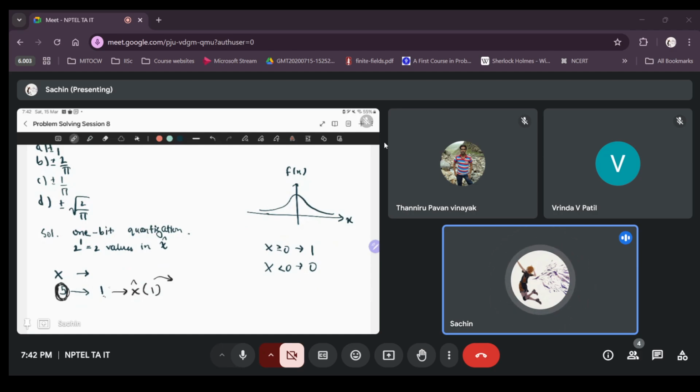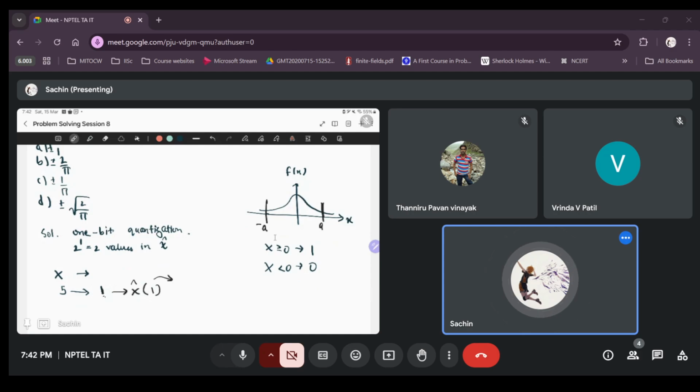You don't really know that. You only know that the value which was encoded, this x value, was a positive number. So now you can reconstruct the code word 1 to some positive number a. Similarly, the optimum way to do it is to reconstruct negative numbers to negative of a.